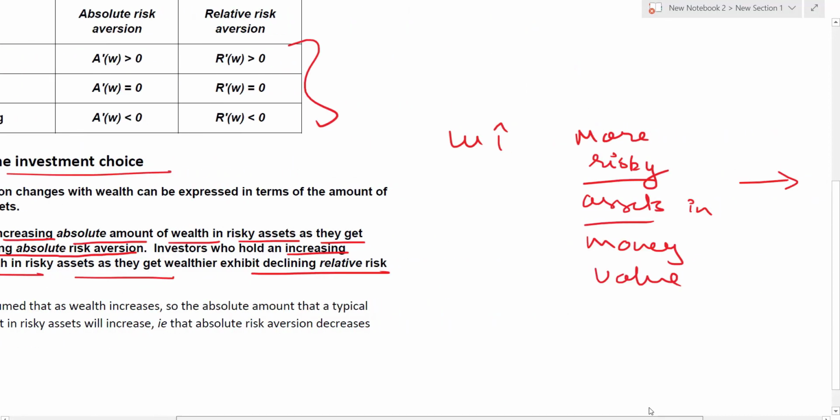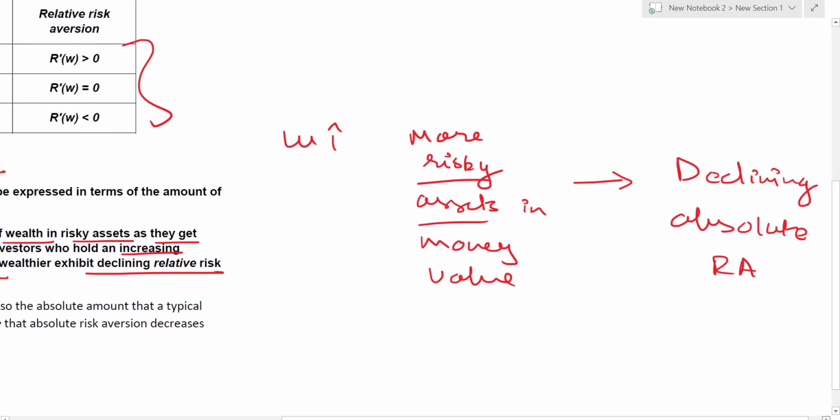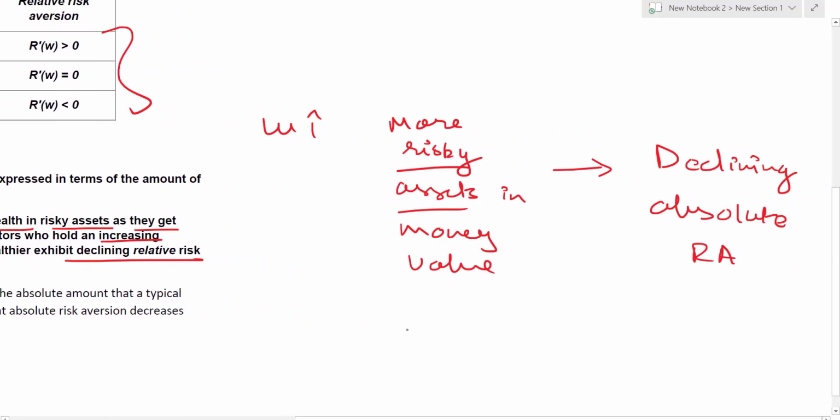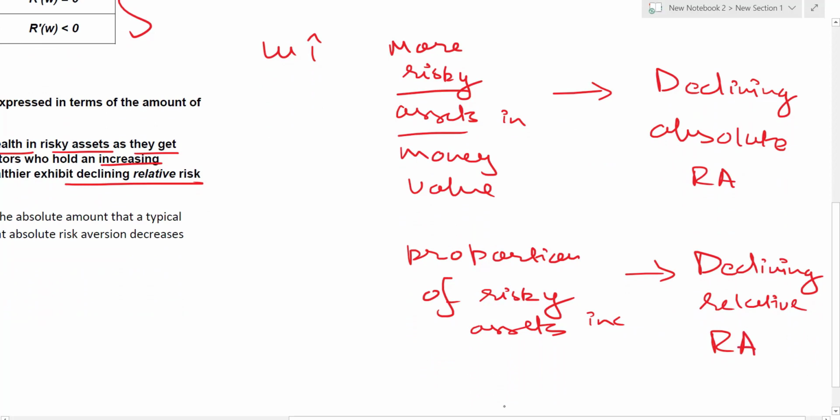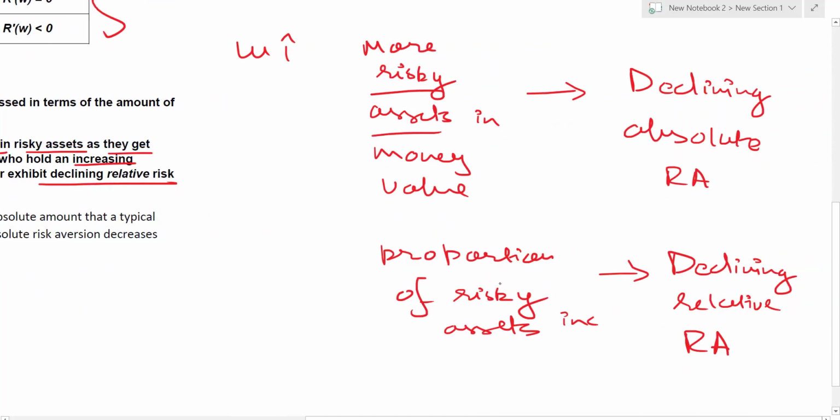Obviously, if my wealth increases and I proportionally hold a larger amount of wealth in risky assets, so the proportion of risky assets increases, then I have a declining relative risk aversion. Again, quite intuitive, because relative risk aversion just talks about the proportion of wealth that you hold in risky assets, or the proportionate amount of risk that you take.